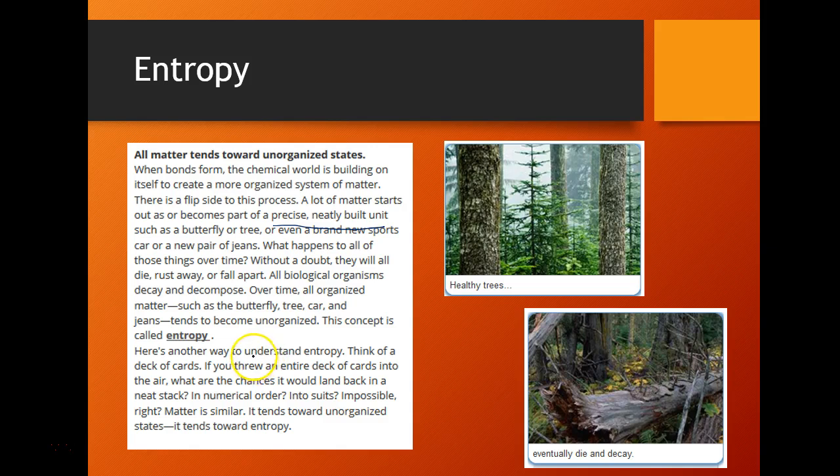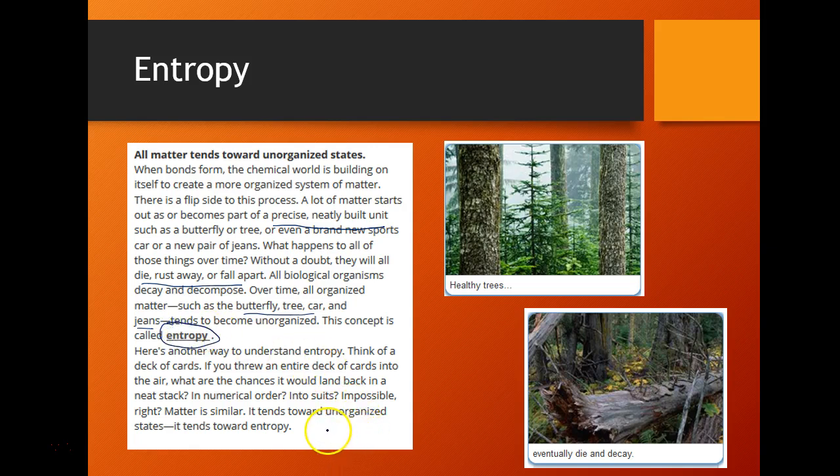However, over time, many of those things will die, rust away, or fall apart. All biological organisms decay and decompose and get broken down. Over time, all organized matter such as a butterfly, tree, car, genes, really anything that you can think of tends to become unorganized. This concept is called entropy.